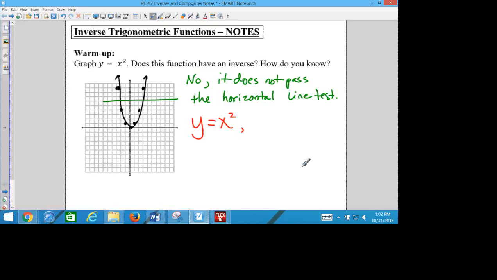We did not spend a lot of time on this before. So if I were able to give this a restriction on the domain, if I were able to only use certain x's, do you know?